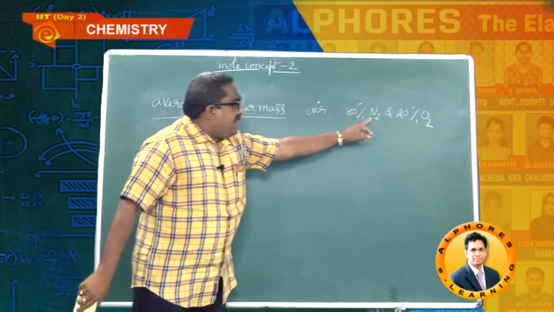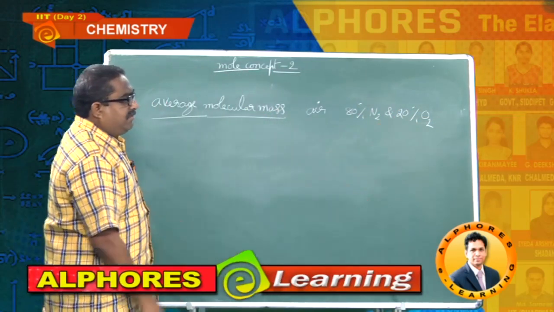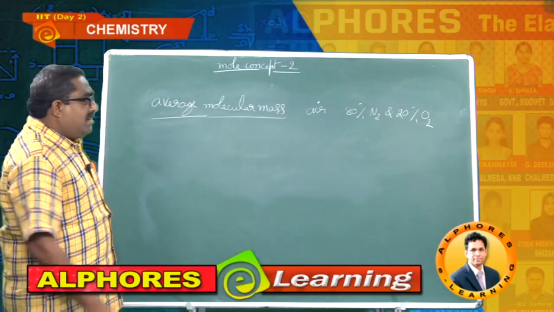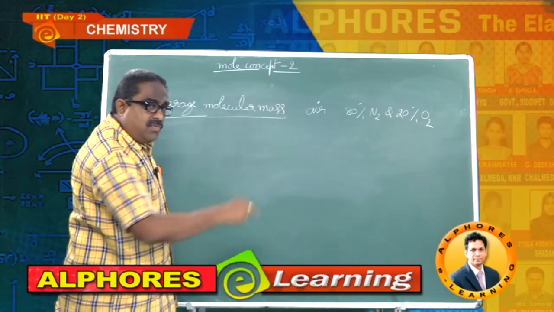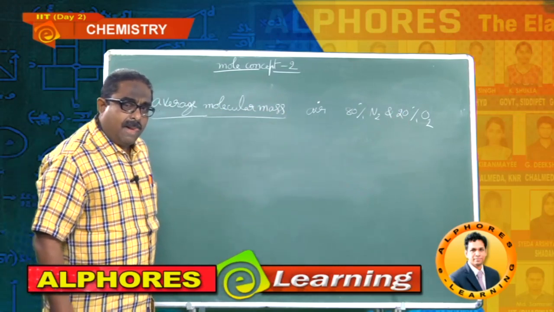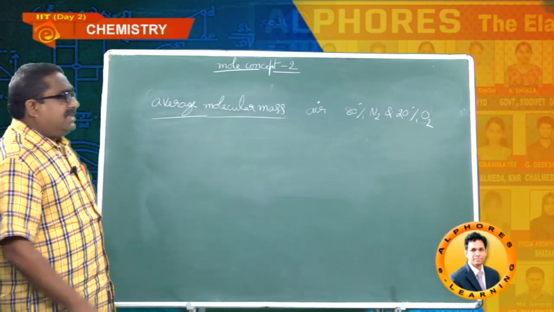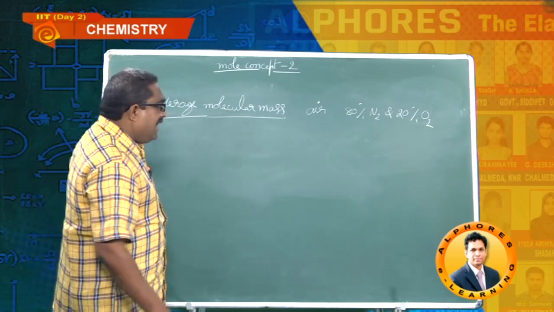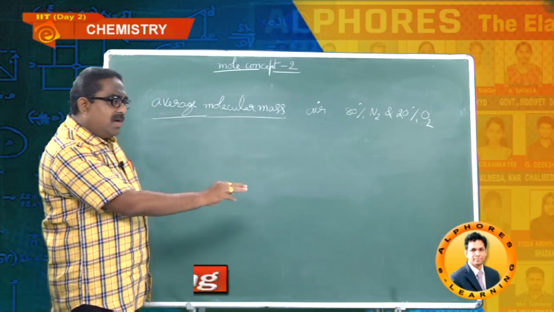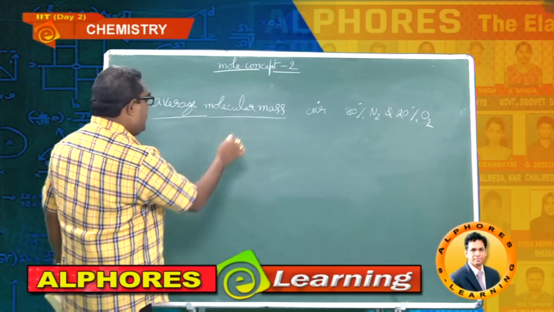Here two different types of molecules are there. Then that air is a mixture of two gaseous substances. In such a case, we can calculate the average molar mass of air, just like the average we calculate in mathematics. Simple.